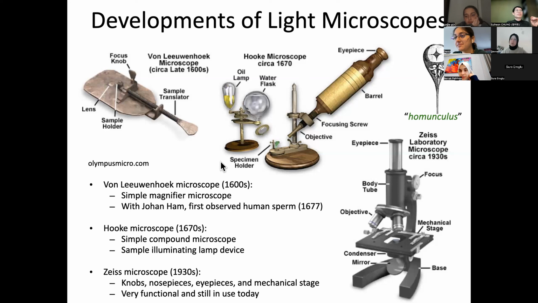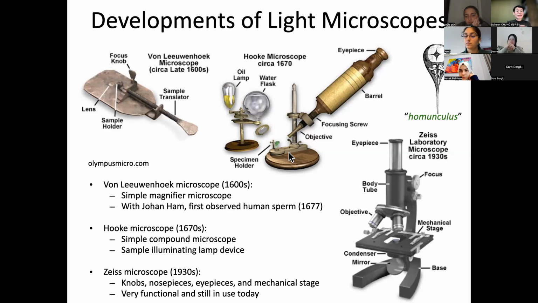Okay, so people used multiple lenses to make Hooke's microscope, which we call a compound microscope. And for tiny objects you need to illuminate somehow, and then you start to see even smaller objects and even living things.